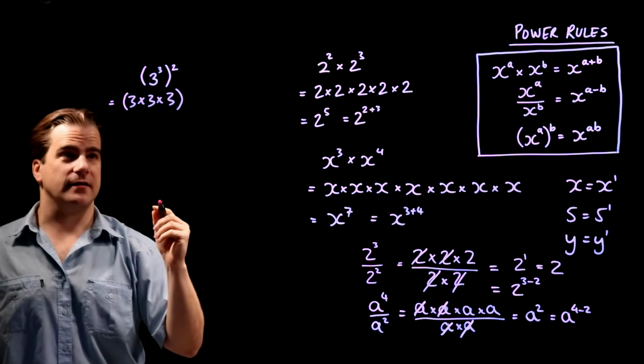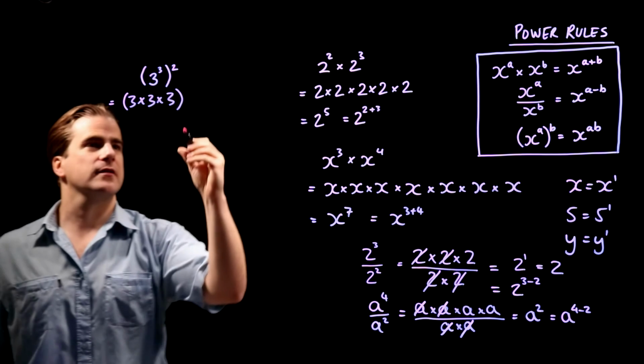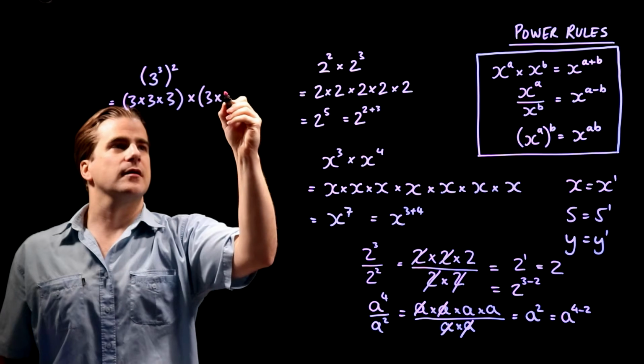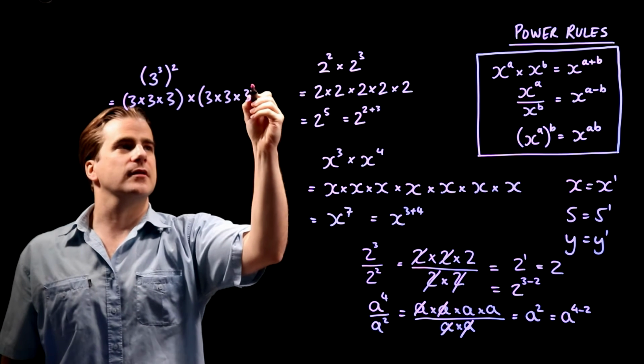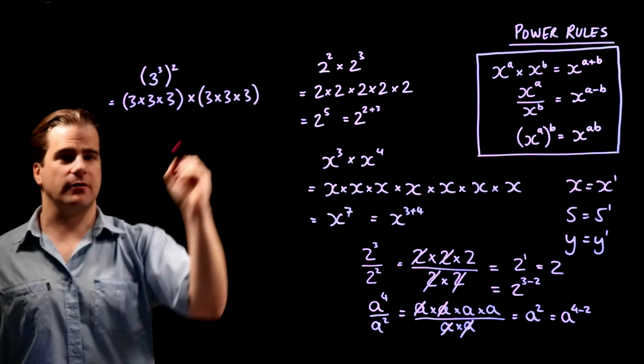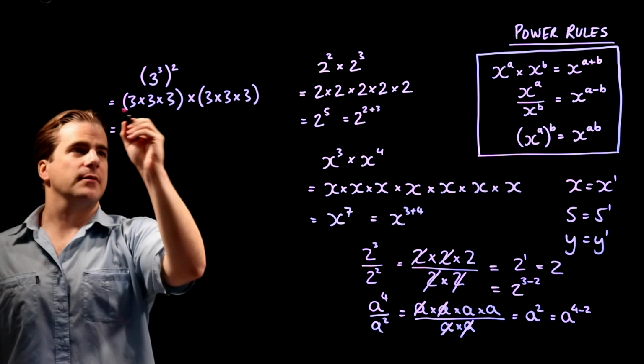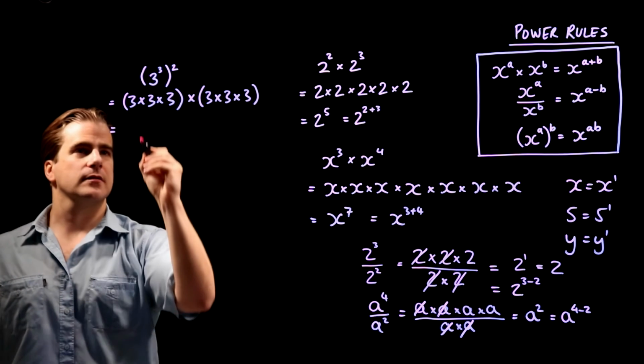And that's squared, so it's that times itself, times 3 times 3 times 3. Okay, that's that written out in full. That's equal to, well, we can get rid of the brackets.